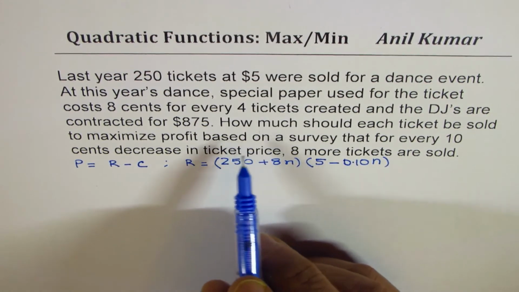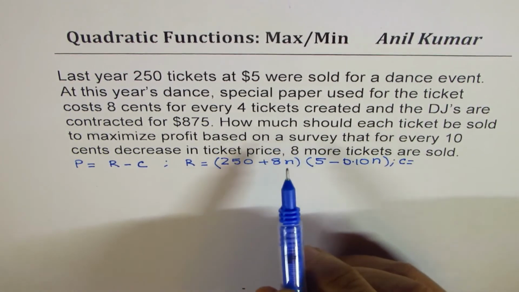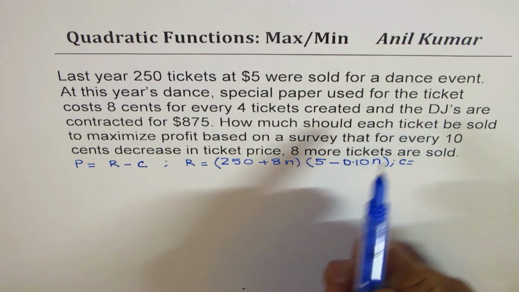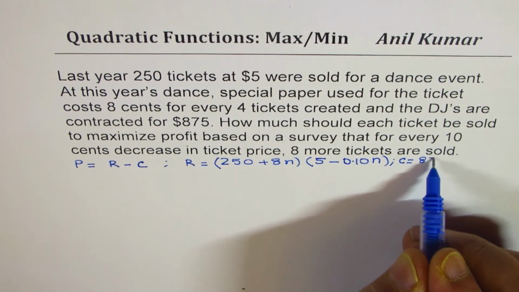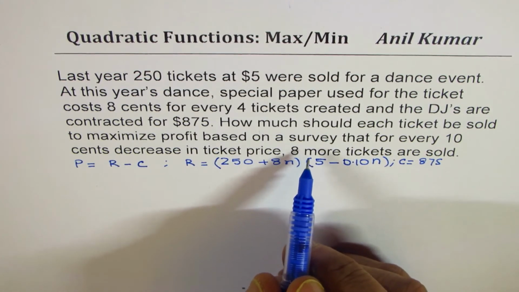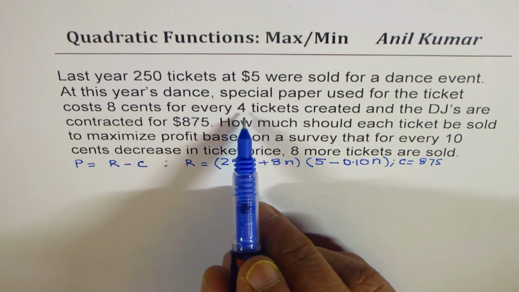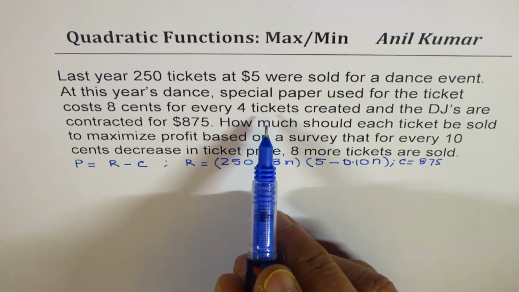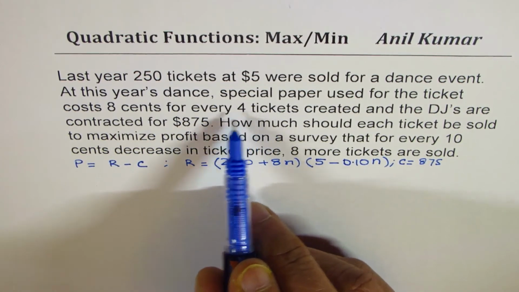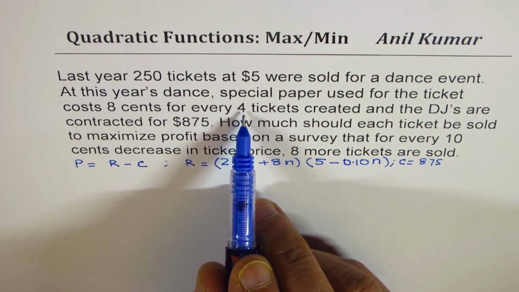Now let's talk about the cost function also. Cost is a fixed cost which is going to the DJ, which is $875, and then the cost of printing tickets, which is how much? 8 cents for every 4 tickets, right? So 8 cents for 4 tickets, that means 2 cents for every ticket, right?